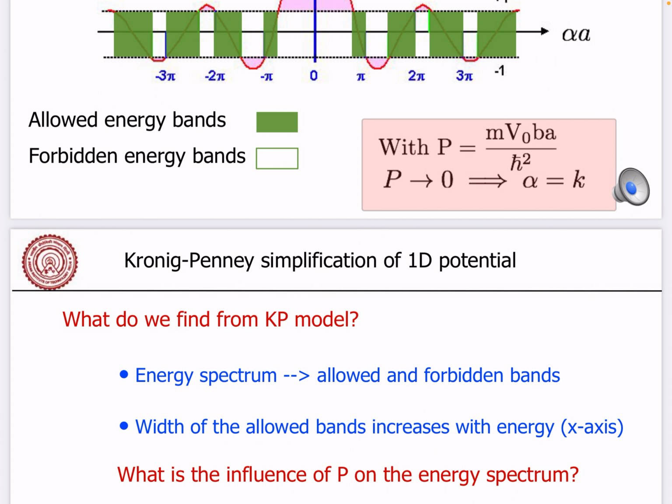Now, let me pause and try to recollect what we knew for the free electron case, where the electrons do not see any potential, the potential is 0.